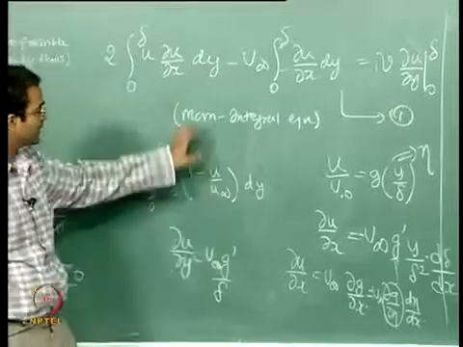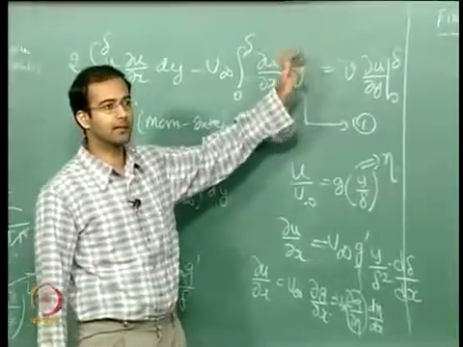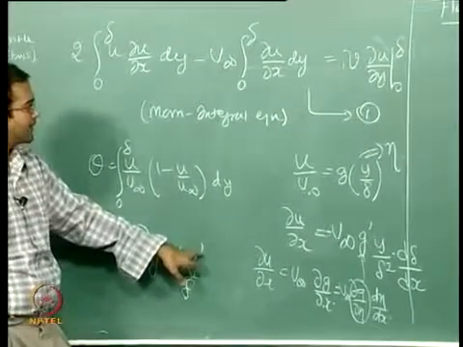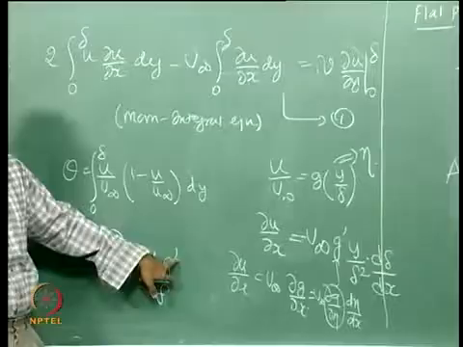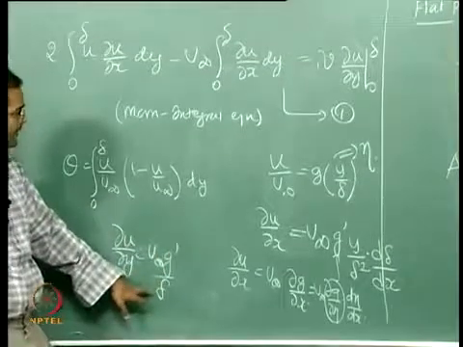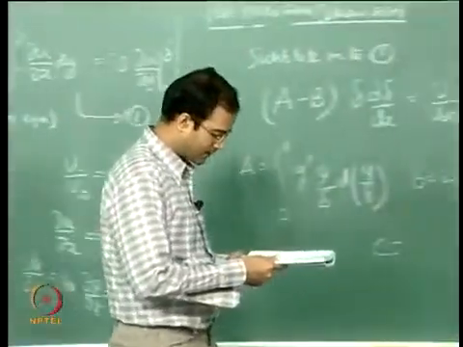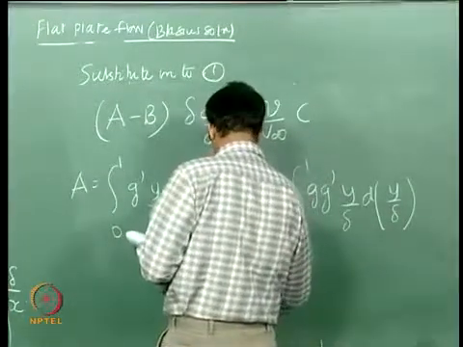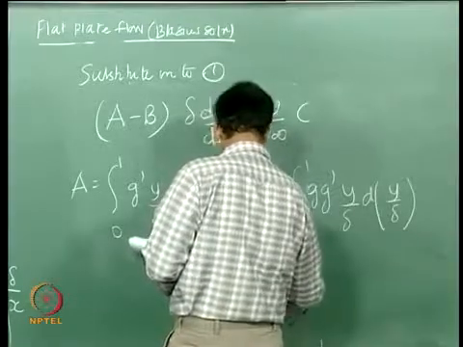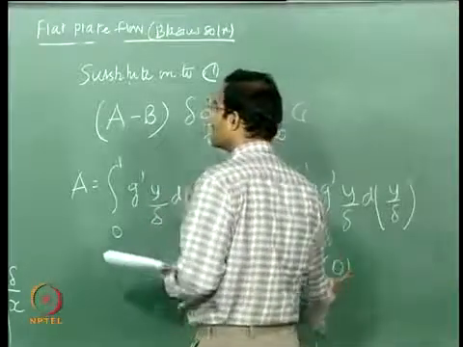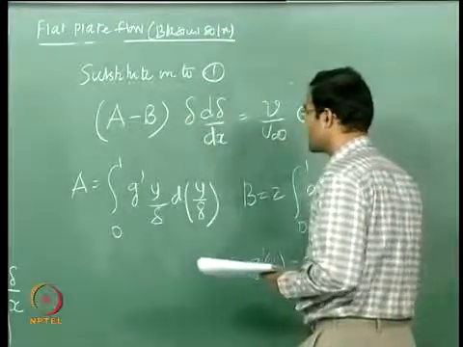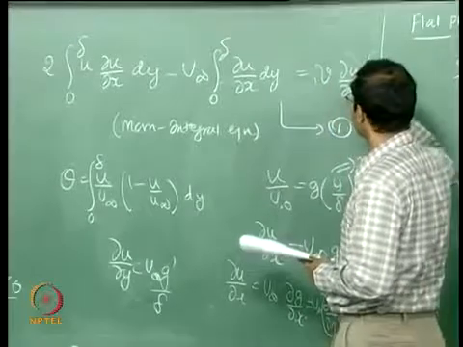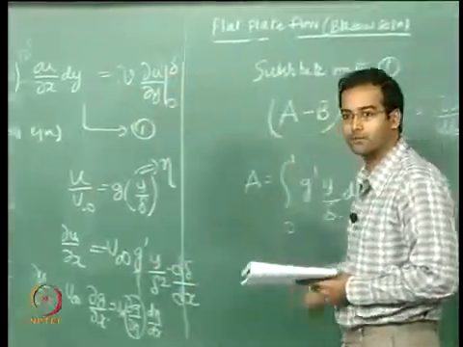So when you put that, all of this u infinity can be cancelled off, so you have nu times g bar. Now g prime between the limits delta minus delta 0, divided by another delta, and that delta also will cancel off. So finally C will come out to be g prime of 1 minus g prime of 0, because you are transforming all your y with respect to y by delta. So wherever you are applying limit delta, that becomes 1.